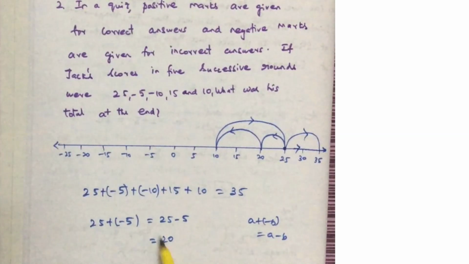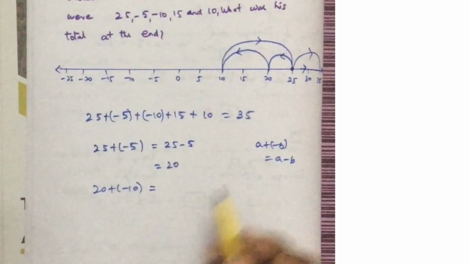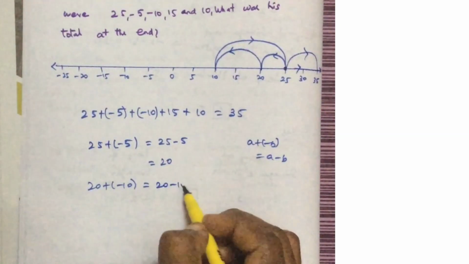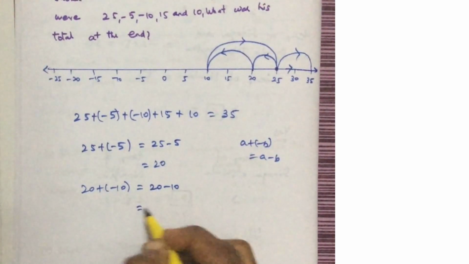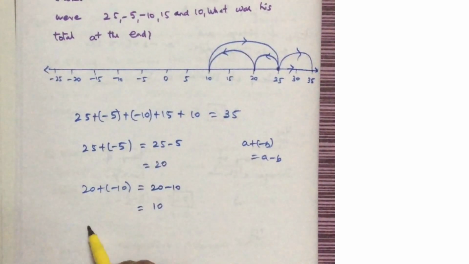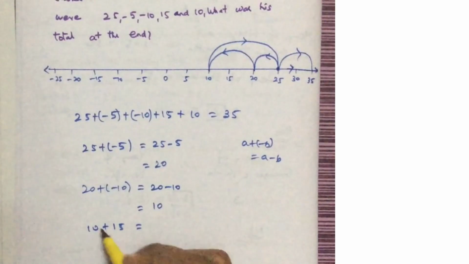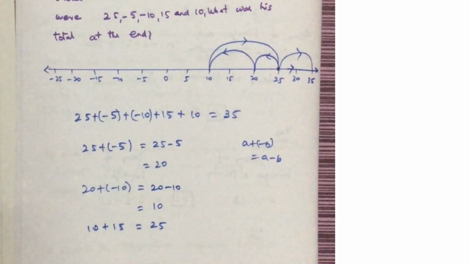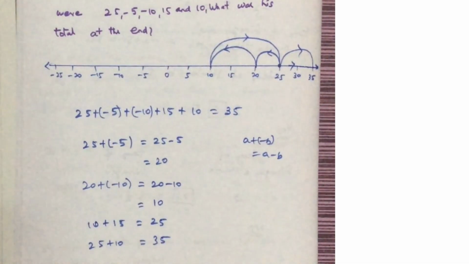So to the 20 you are adding -10. So again it is 20 minus 10. This is 10 now. To the 10 I am adding 15, that is 10 plus 15 is 25. To this 25 I am adding another 10, that is 35.